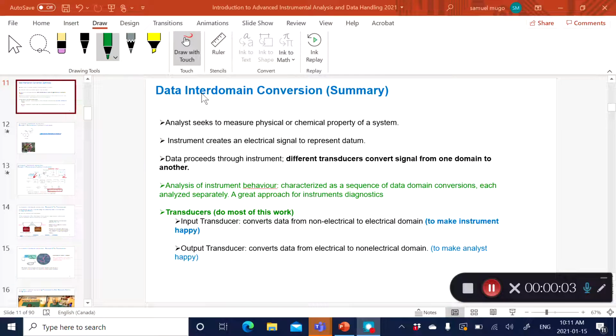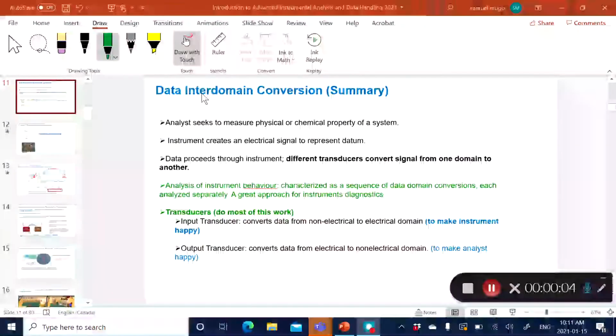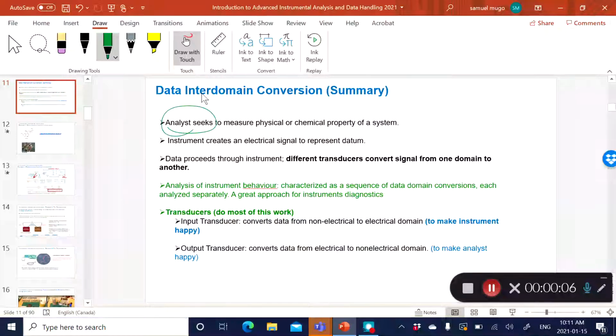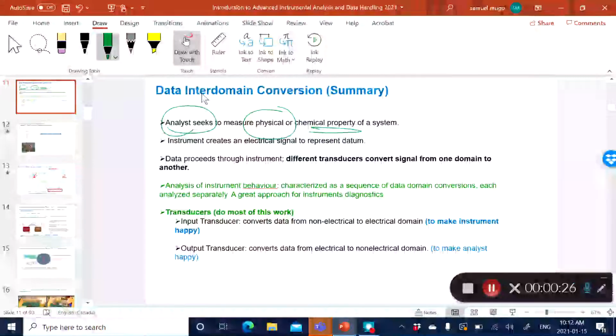In the last lecture, we indicated that typically you, as the analyst, are interested in the chemical information of the test item that you're trying to analyze. Or in some cases, of course, you may also be interested in a physical quantity, things like pressure, temperature and so forth.